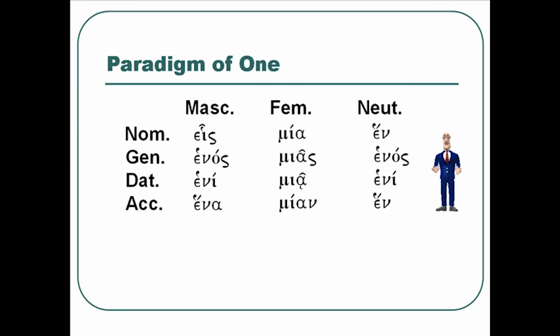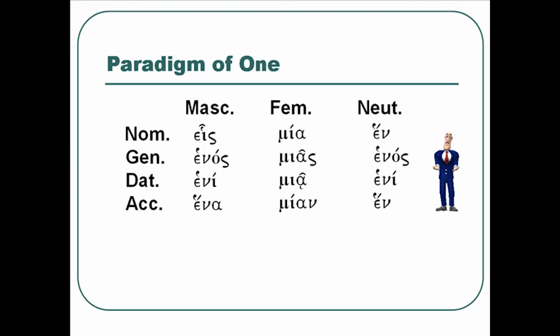So just be aware of this. I kind of remember this as "heis, mia, hen," which gives you the forms across the top, and then you just decline them coming down. So that gives you the masculine, feminine, and neuter places to start with the number 1, which is used pretty frequently.